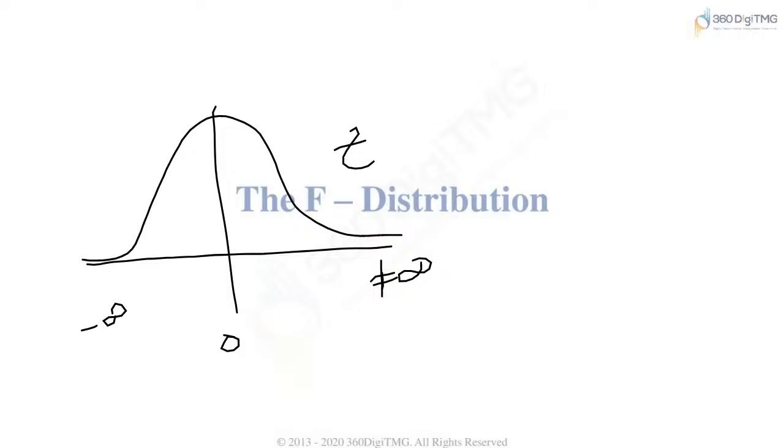In continuation to the Z distribution, we have the chi-square distribution. The chi-square distribution is the square of the normal distribution.